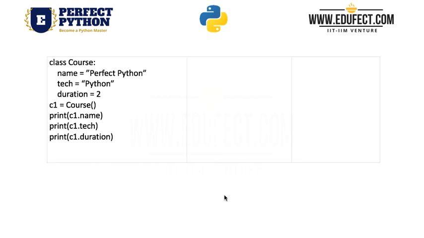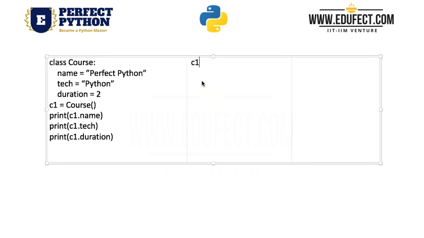Remember we had done this exercise earlier. So we could also have a course example where we have not defined a constructor explicitly. And what will happen in that case? In that case, it's like having a non-parameterized constructor in which we are not doing anything. So C1 will have again the values that we gave it. C1 is an object of type course, and it will have the values perfect Python, Python, comma 2.